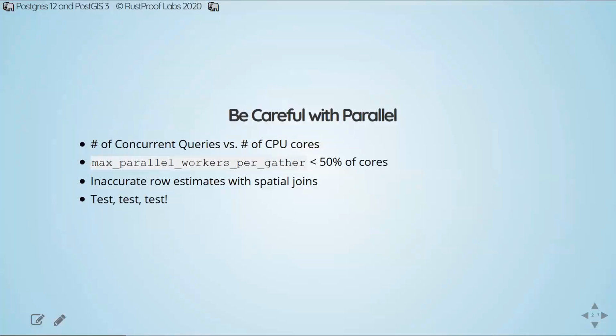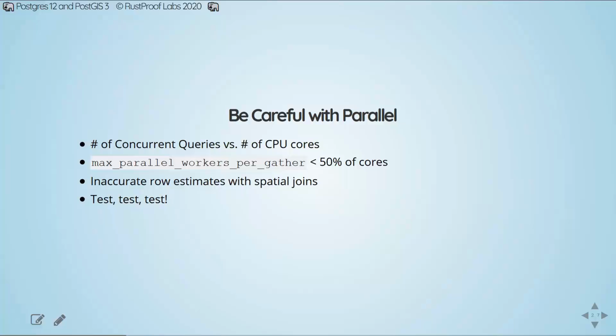And you do want to be a little bit cautious with parallel query because it can cause some negative side effects. If your instances have a very large number of concurrent queries running all at the same time in relationship to the number of CPU cores you have available, parallel query is likely going to cause contention on those CPU resources. So if you already have a large concurrent load and a limited number of CPUs, you may want to do some testing before you just blindly enable it.